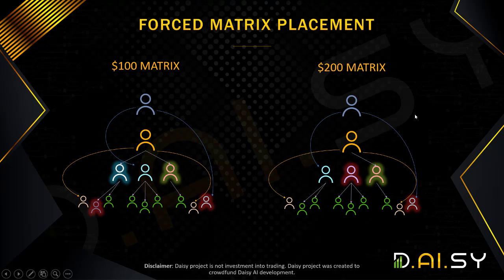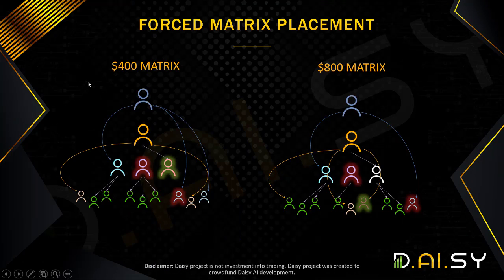Now let's consider the next matrix, the $400 matrix, and here again we have this person that I brought in. He also went into the $400 matrix, and again he was fortunate to get this strong leader falling underneath him in the $400 matrix.